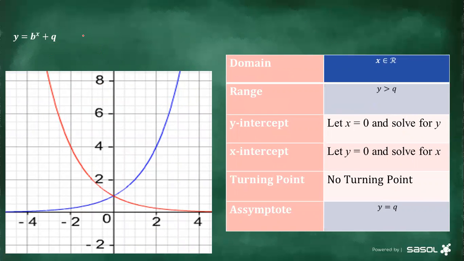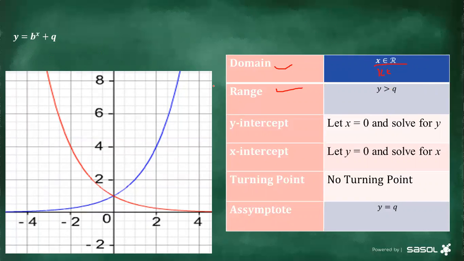And then we go to the exponential function. The domain is x is an element of all real numbers. It will never change. Or we can say x is an element of negative infinity to positive infinity. And then the range is y greater than q.